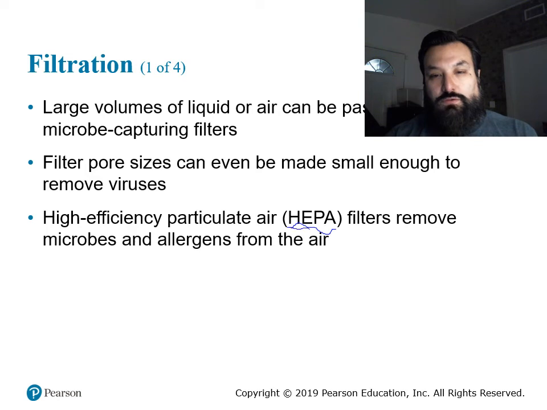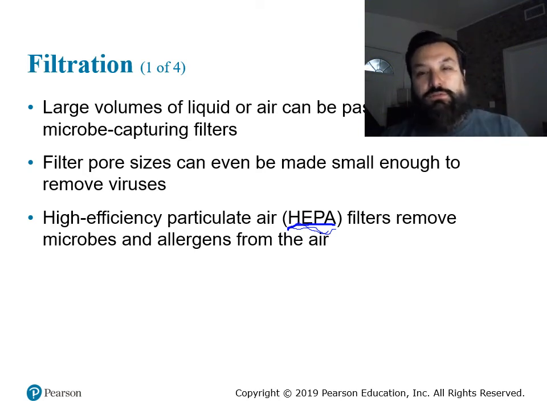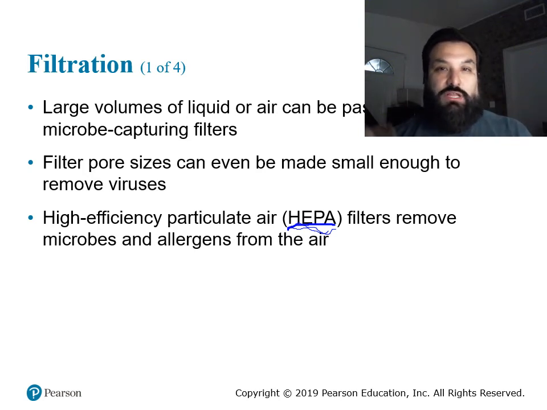You can also use these in your house, because most of your air conditioning nowadays has HEPA filters attached to it, or you can buy HEPA filters for this. That stands for high efficiency particulate air filter, and they have many small filters that filter out your air and can clean the air.